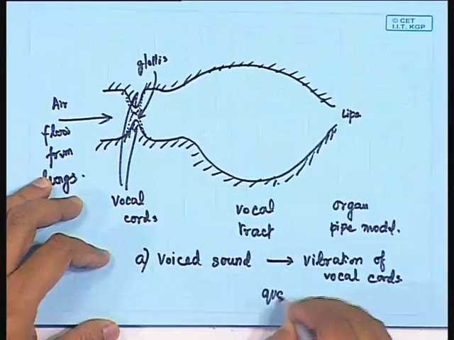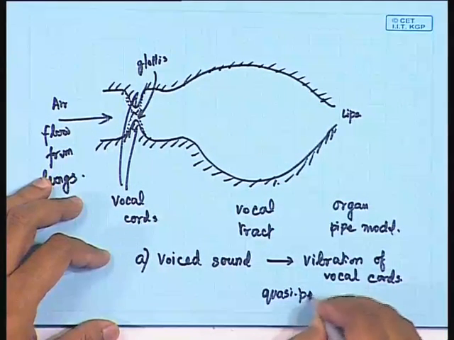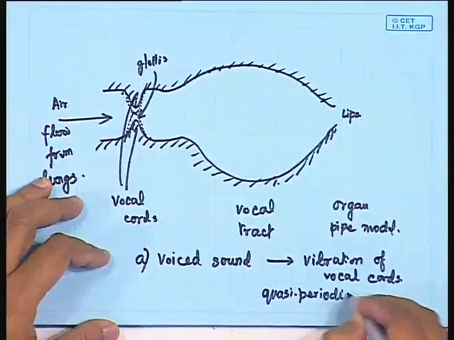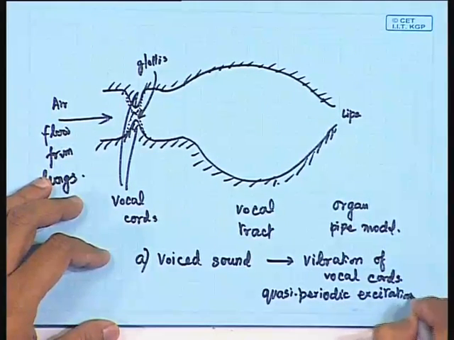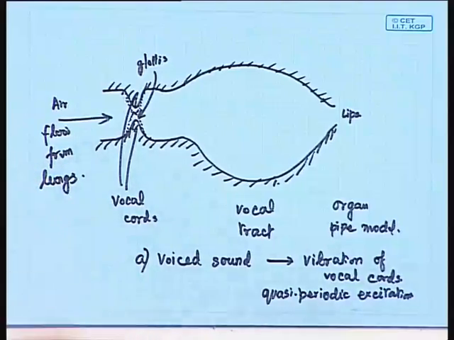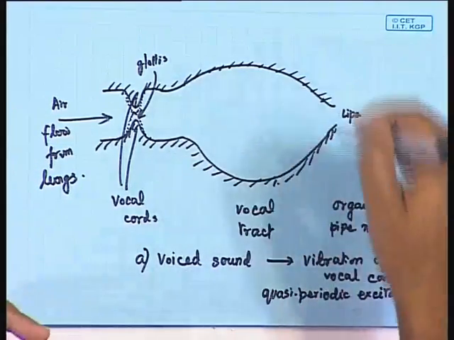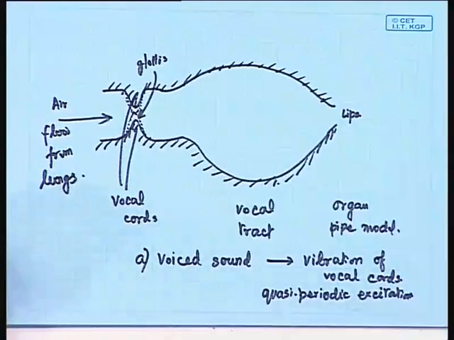So this is modeled as quasi-periodic excitation. Its input rather is modeled as a quasi-periodic excitation, but then it will be shaped within our vocal tract accordingly. That aspect we will see shortly.